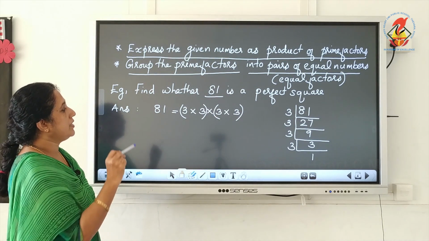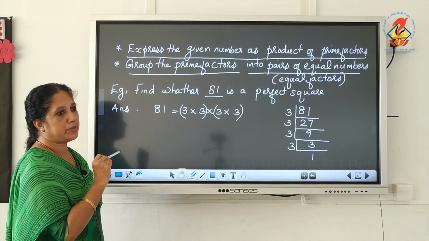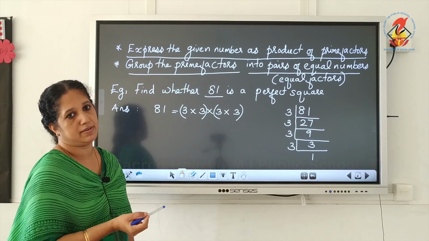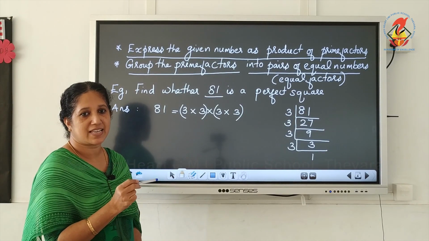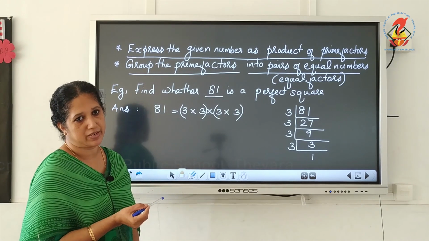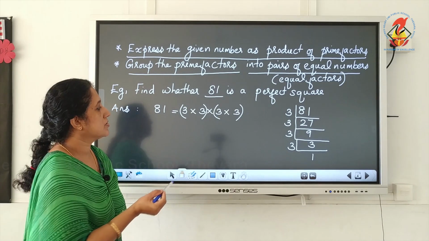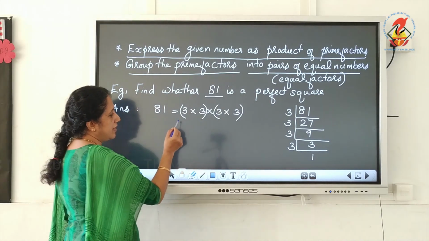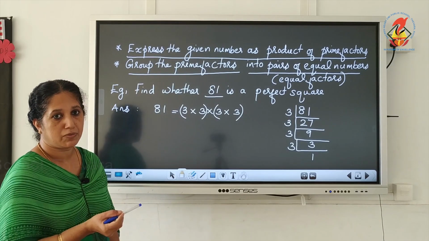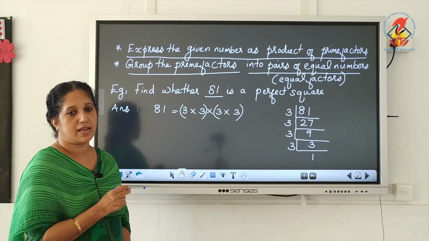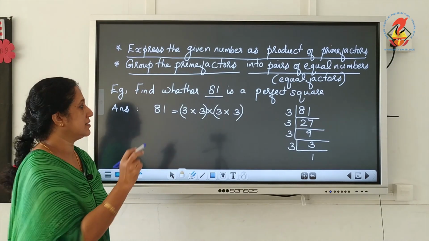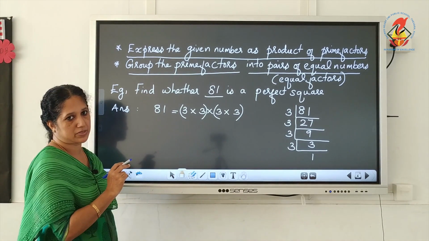And if we can group these prime factors into pairs of equal numbers, we can say that 81 is a perfect square number. So if we can group the numbers into pairs of equal numbers and if the grouping is complete, we can say that the given number is a perfect square.